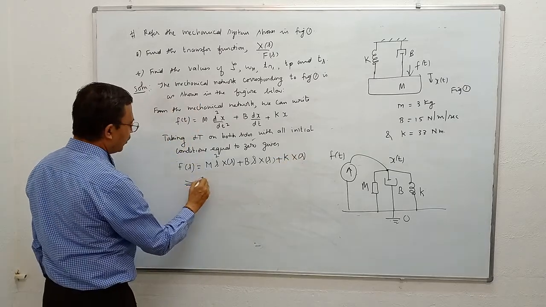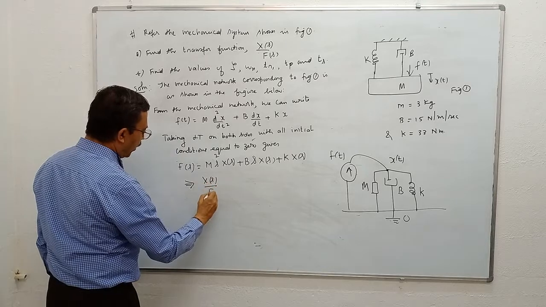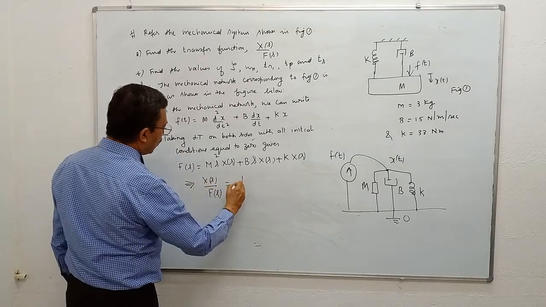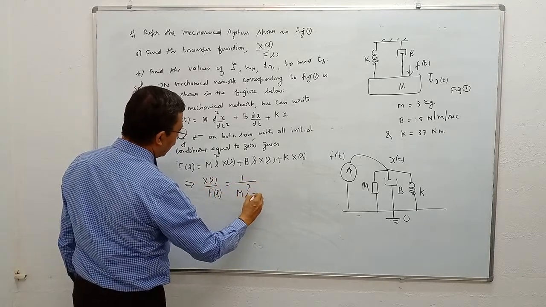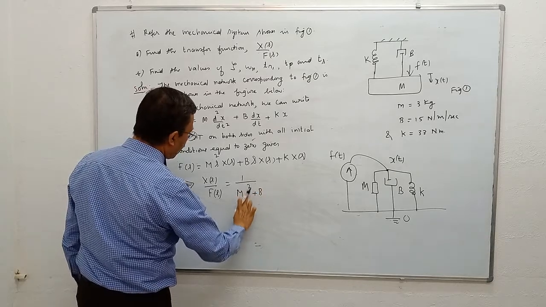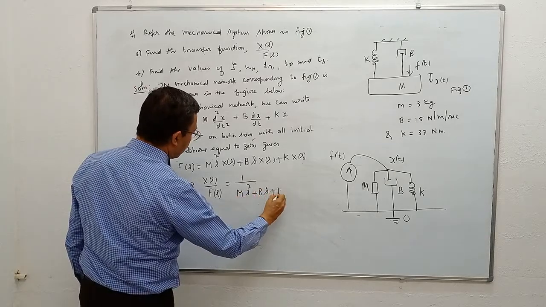This implies X of s divided by F of s is equal to 1 over m s square plus b s plus k.